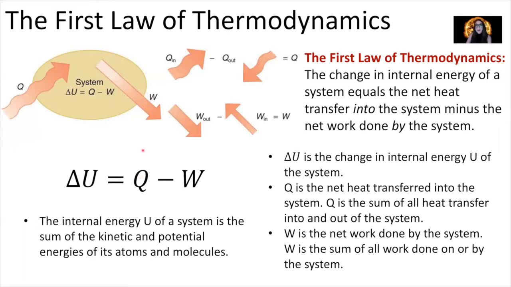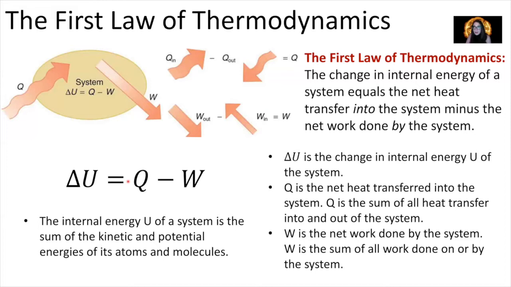And then W is the total work. It's the net work done by the system. W is the sum of all the work done on or by the system, so W is equal to W out minus W in. All right, so that's our first law of thermodynamics.